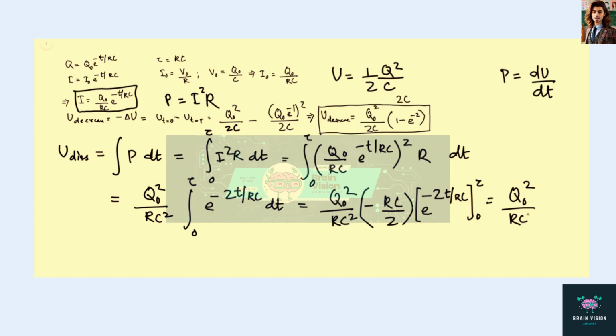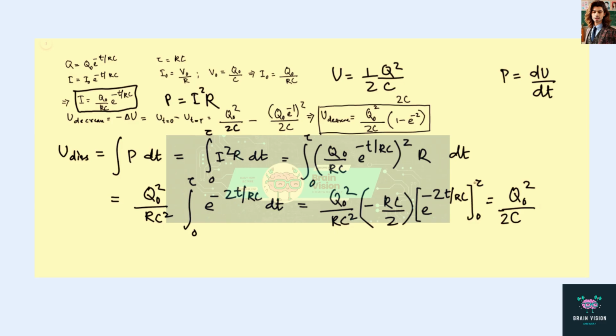After putting the limits, as you can see, the R and R here cancel out, and there is an extra C that should be here. So it's just Q square over C. However, there is a 2 in the denominator, so let's write that.